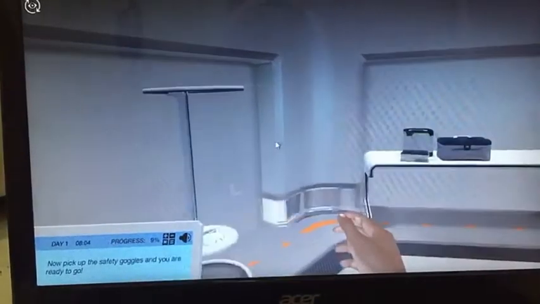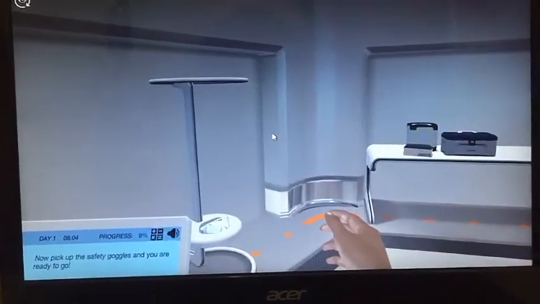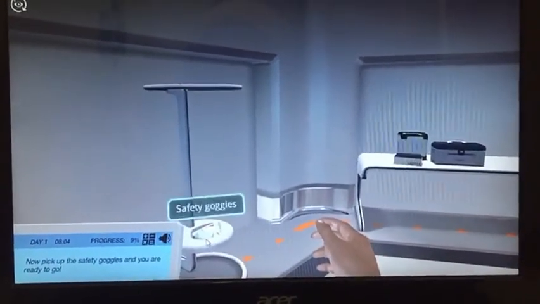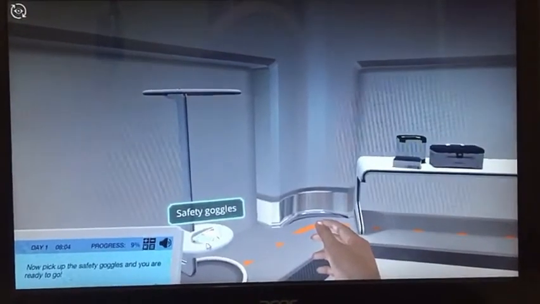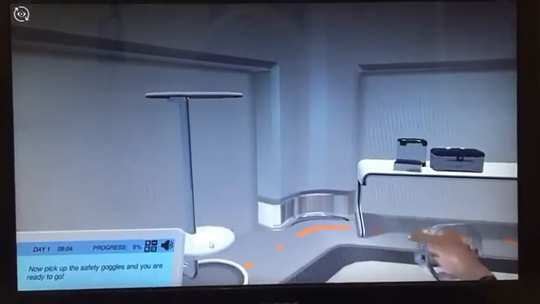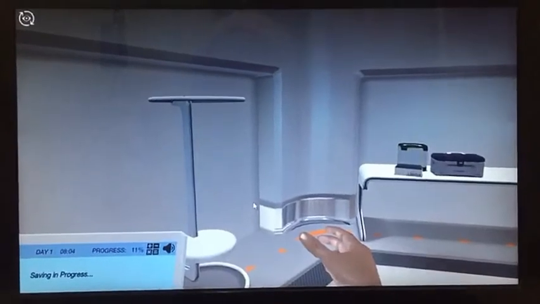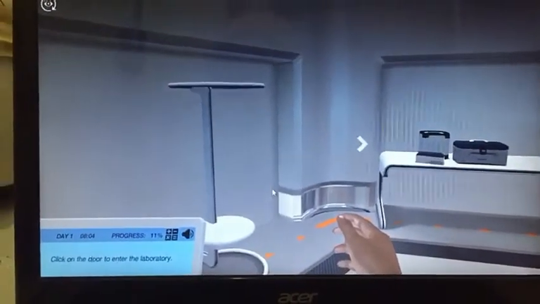Now pick up the safety goggles and you are ready to go. Click on the door to enter the laboratory.